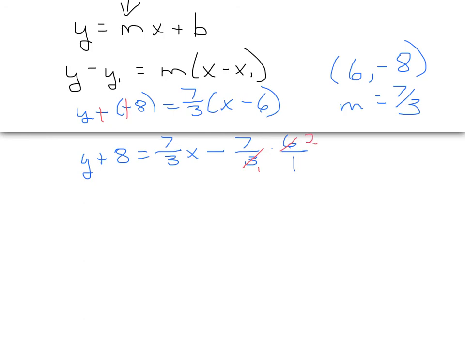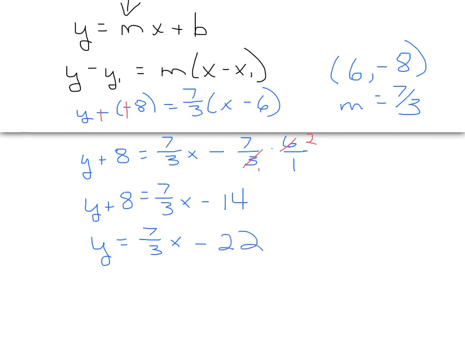So we now have y plus 8 equals 7/3 x minus 14. And we're going to subtract 8 from both sides, and we get y equals 7/3 x minus 22.